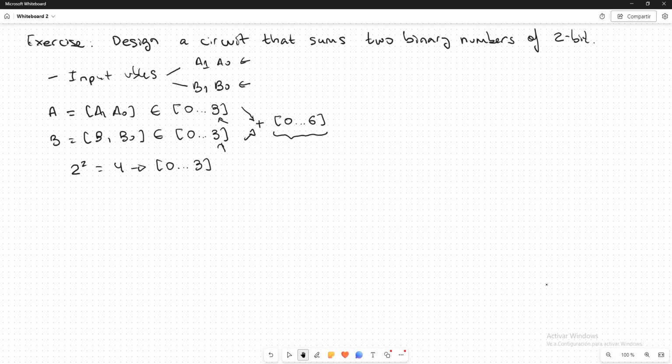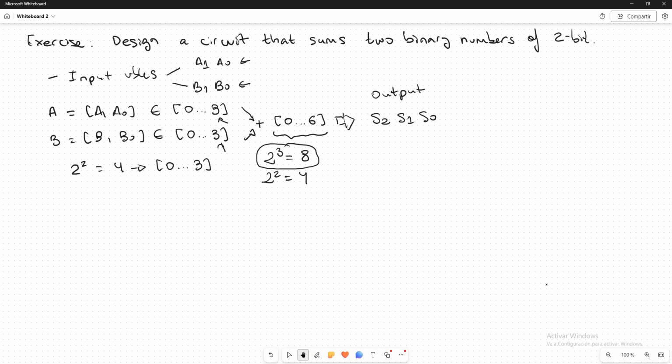We need 3 bits, because with 3 bits we can codify up to 8 combinations, and with 2 bits up to 4. So our output is going to be a number of 3 bits. So now we know that we have 4 inputs and 3 outputs.